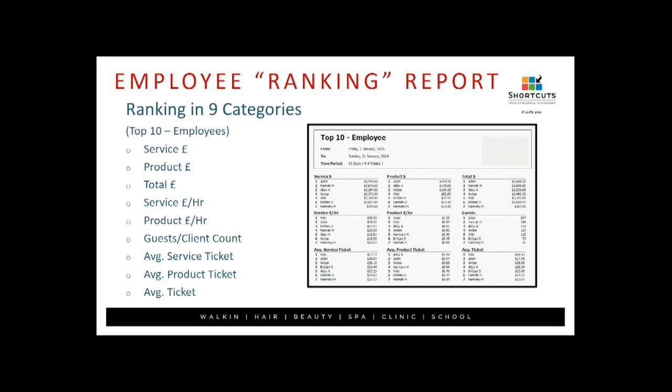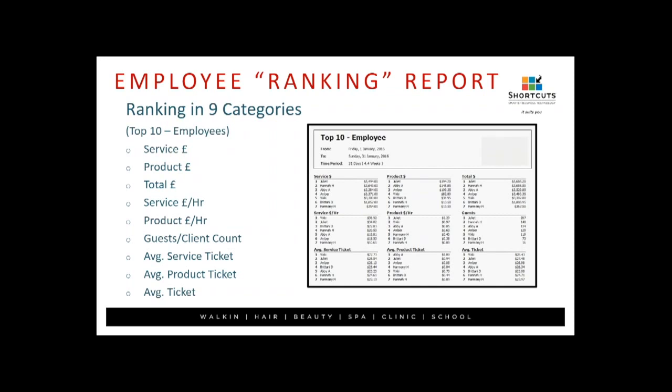The average service ticket, average product ticket, and then average ticket overall gives you a rough idea of what kinds of price we're looking at. So what we would usually suggest is that you're looking at the average cost. So for example, the cost of your average service, which would be for hair a cut and blow dry. We would then hope that this average service ticket is higher than a cut and blow dry, which means that your staff are upselling, they're adding on extra services.